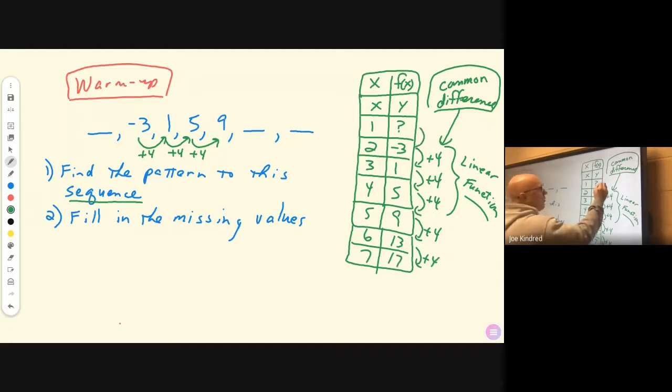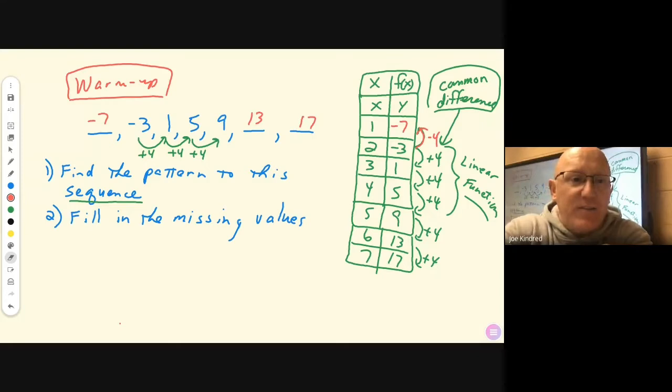If we go backwards, we subtract 4, and the first term is going to be -3 minus 4, which is -7. That's why you should have gotten these answers for your warm-up problem: -7, 13 and 17, and the pattern was adding 4.